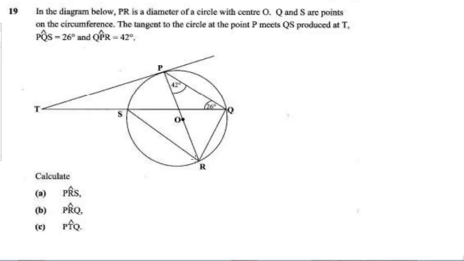So meaning the angle at the circumference is the same as the angle at the circumference right there. So if this is 26, this is also 26 degrees. So you have PRS equal to 26 degrees. I've written 21, it's supposed to be 26 degrees.